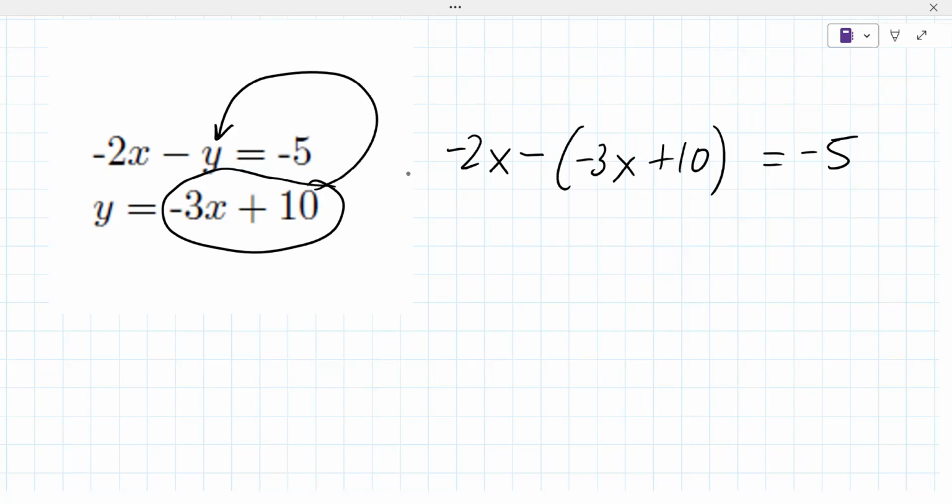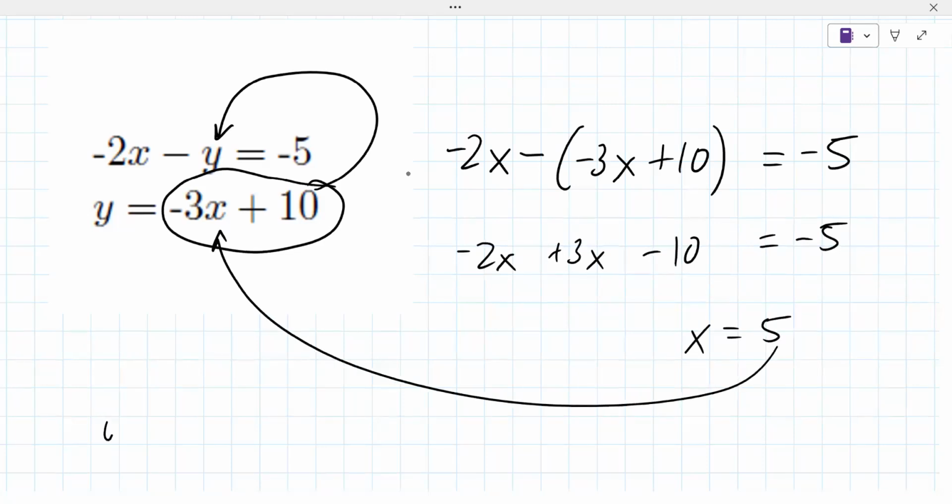All right, how are you doing on this one? X equals 5. X equals 5, good. Yep. And then go to that second equation there, put that in for x, and go ahead and tell me the value of y, please.